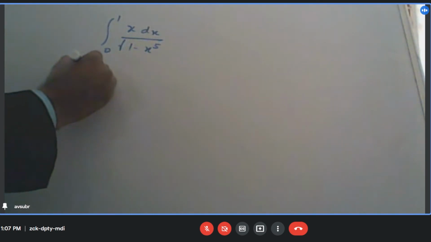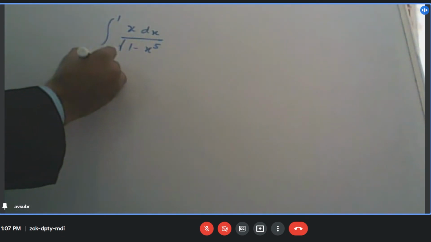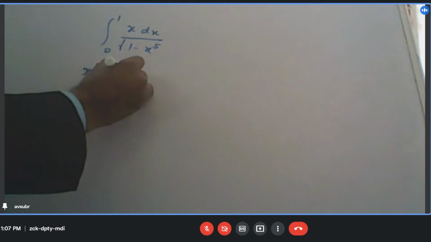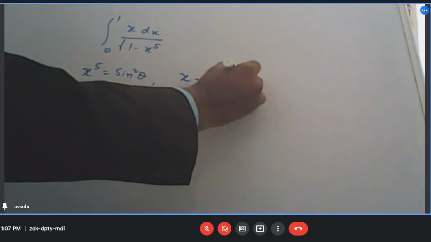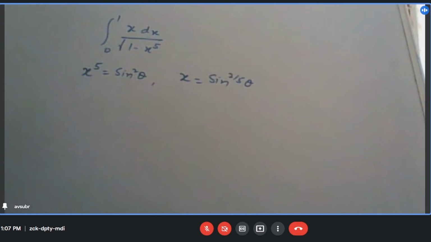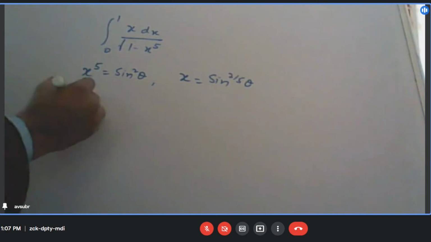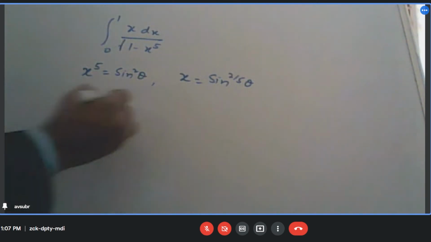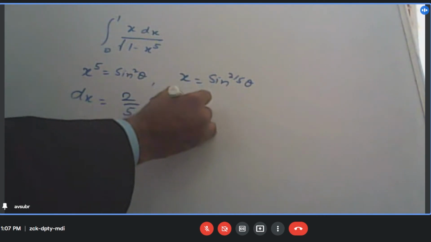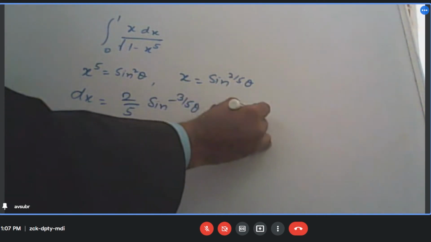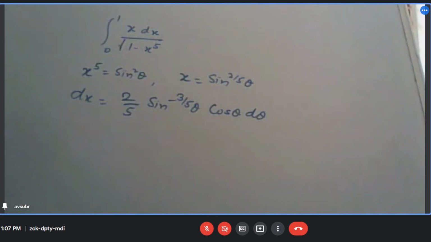So let us put x to the power 5 is equal to sine square theta, so that x is equal to sine to the power 2 by 5 theta. Is it okay? Yes, sir. So what will be the derivative of this? 2 by 5 sine to the power minus 3 by 5 theta cos theta d theta. Is it okay?